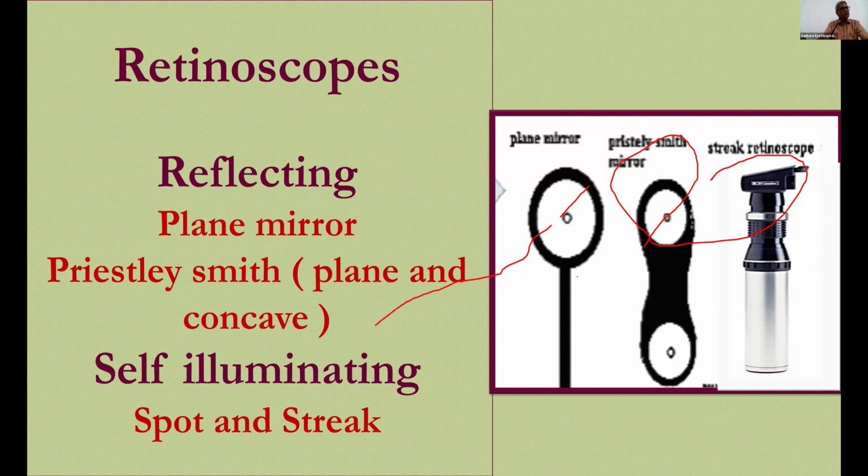Have you ever seen a concave mirror? Plane mirror, where have you seen it? Daily you are seeing it. Concave mirror? No. Convex mirror? Car side mirror is a convex mirror. Concave mirror?